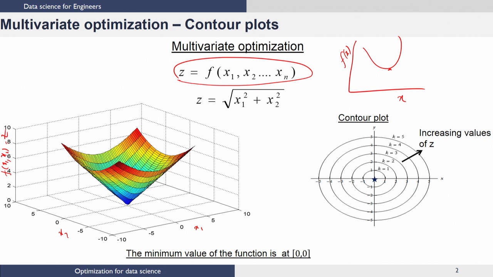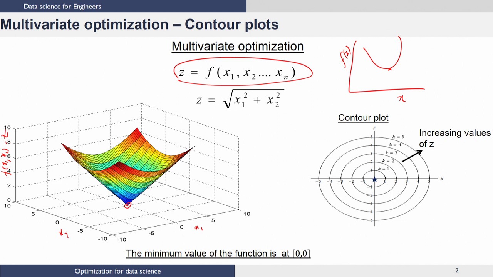So, let us look at how we think about this unconstrained optimization when there are multiple variables. Take this picture for example. If you look at this picture on the left hand side of the slide, you will notice that the minimum point is somewhere around here, which in this case happens to be 0, 0. This is touching the x1 x2 plane and the minimum point is 0.